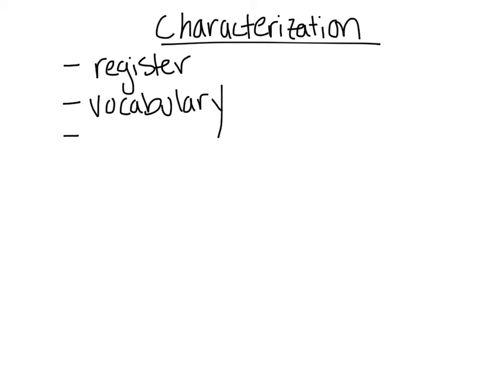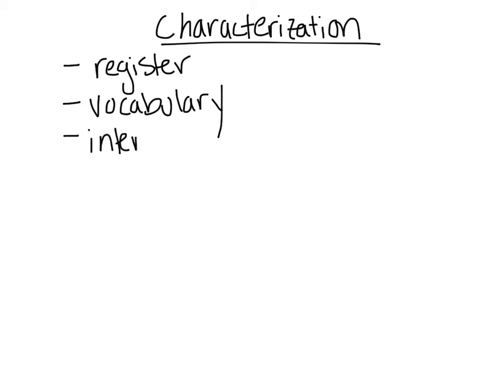So what is it that authors use to establish their characters? The actual process in itself is called characterization. And that's a process of establishing your characters. You can use how they speak, the specific register they use, informal, formal language. You can use their vocabulary to establish who they are.